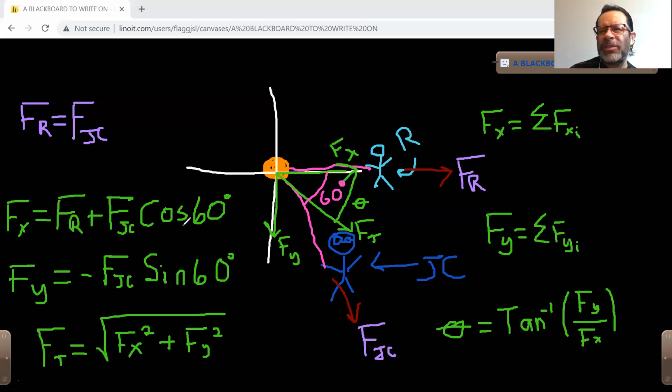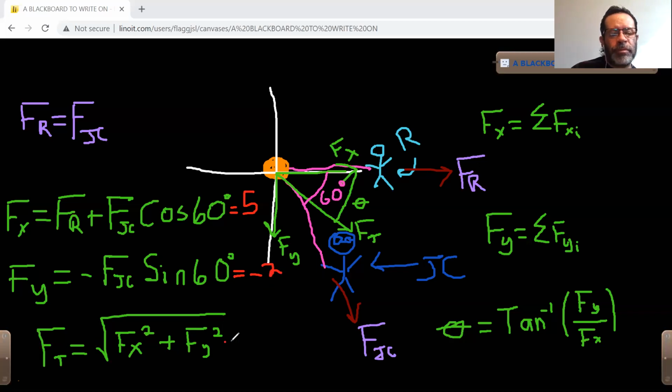Okay, let's do this just for the purpose of the exercise. Let's imagine that the total value we got for Fx is 5. And the total value we got for Fy is, I don't know, minus 2.